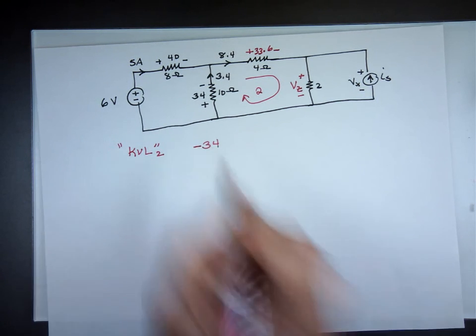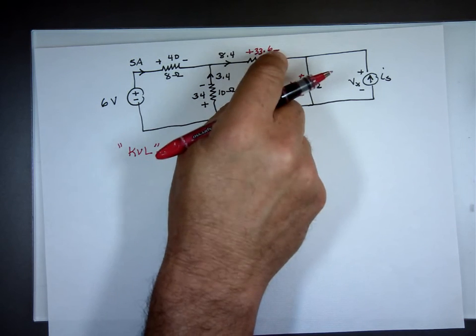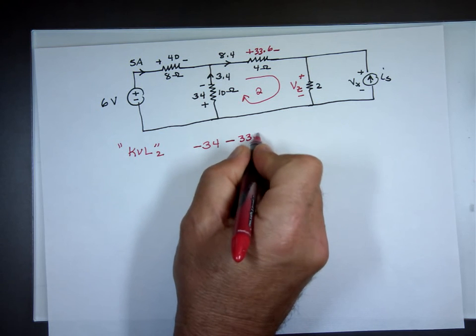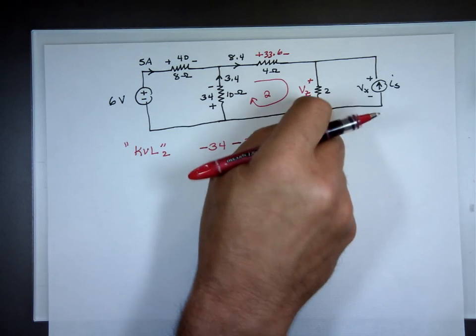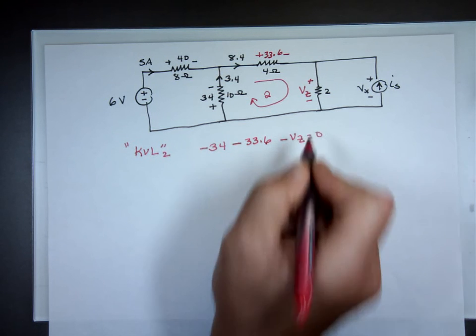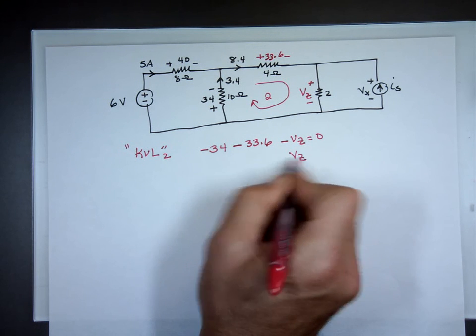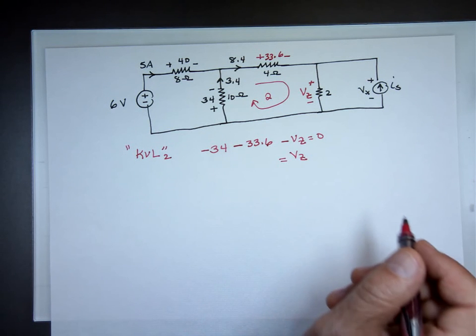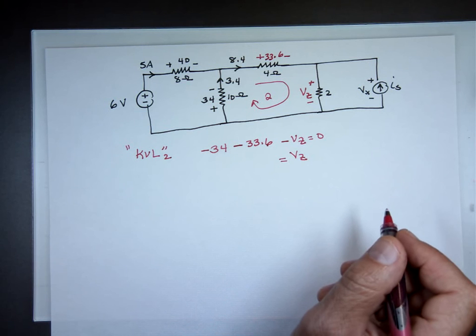Plus to minus, minus 33.6. Plus to minus VZ is equal to 0. VZ equals what? Negative 67.6.